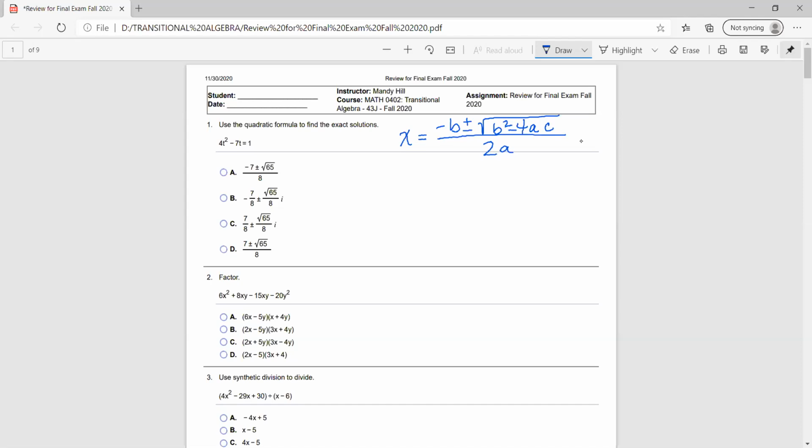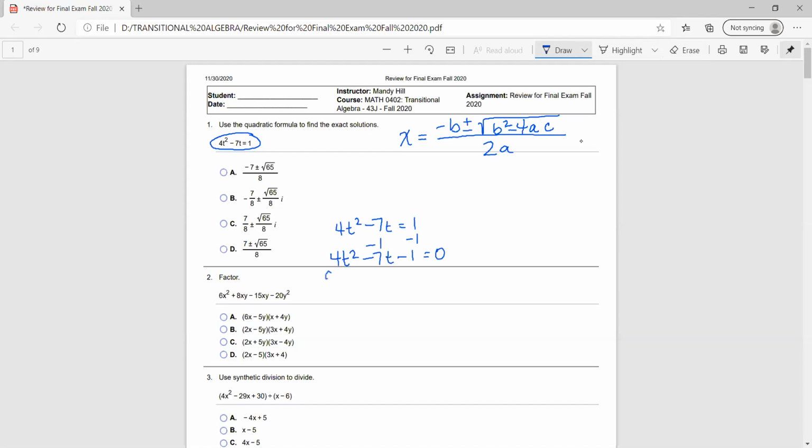And so when we're solving this, we've got this equation that says 4t squared minus 7t is equal to 1. Well, you have to have the equation equal to 0. So we're going to need to move this 1 to the other side of our equal sign. So 4t squared minus 7t minus 1 is equal to 0.